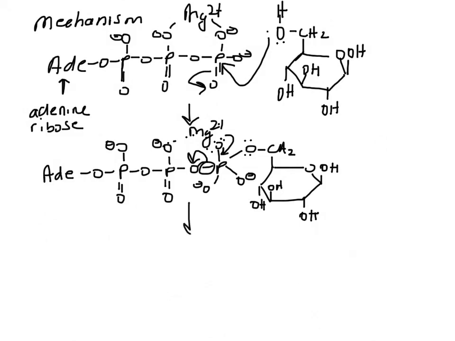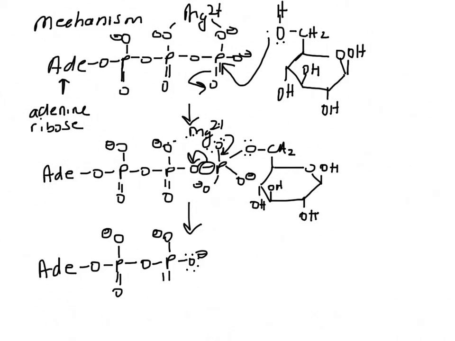Now we get a molecule of ADP, because we only have 2 phosphates. Okay, the magnesium is still coordinated here.